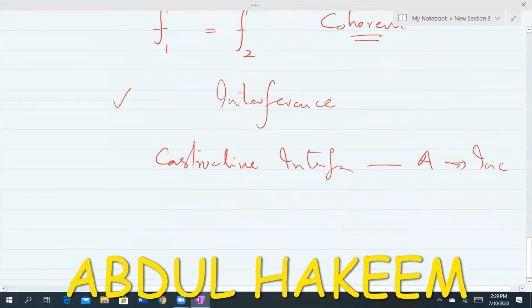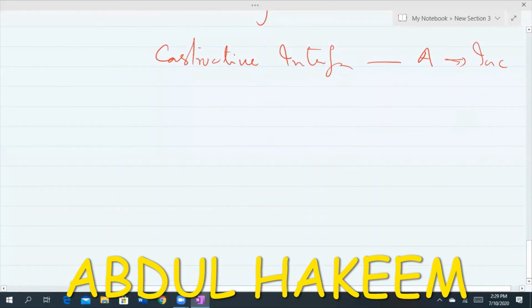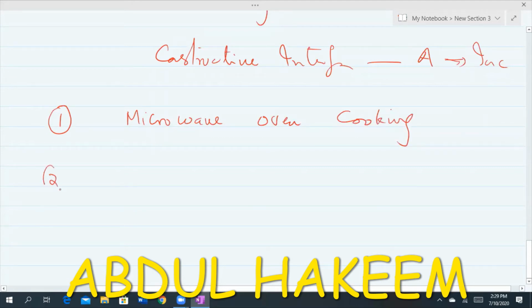This phenomenon is called resonance, and this resonance is used in microwave oven cooking. Number two, it is used in radio or TV tuning circuits.